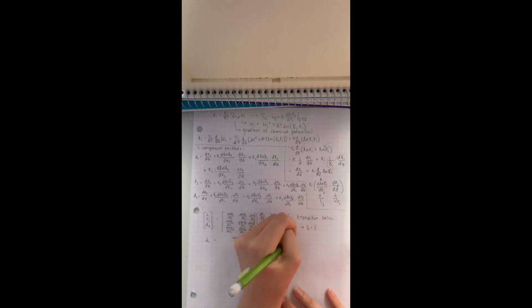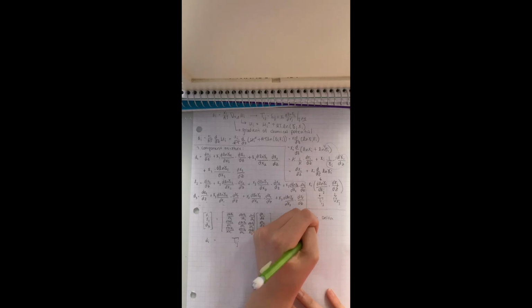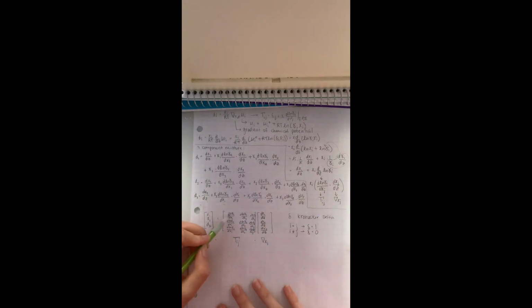When I is not equal to J, the Kronecker delta is equal to 0. So for example, when I equals 1 and J equals 1, we need to add the Kronecker delta. When I equals 2 and J equals 2, we need to add the Kronecker delta. And when I equals 3 and J equals 3, we need to add the Kronecker delta.